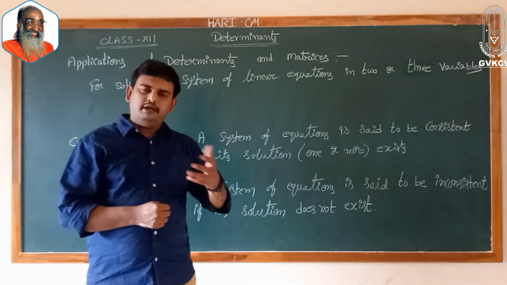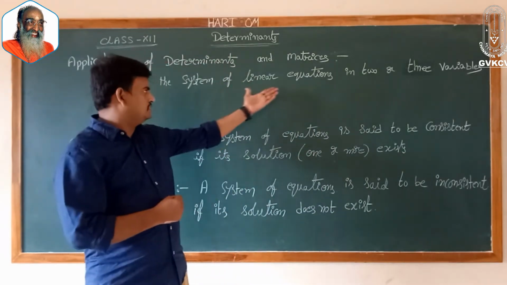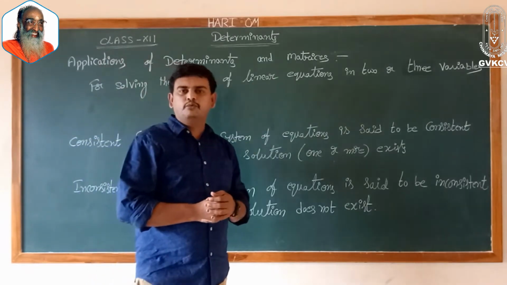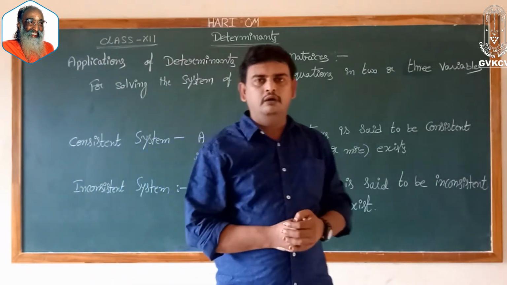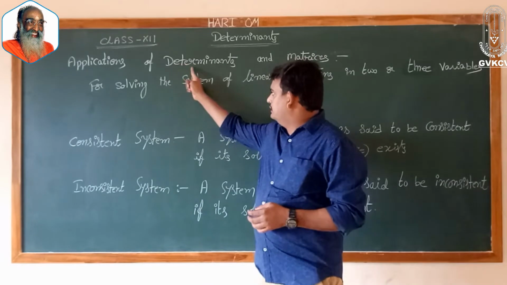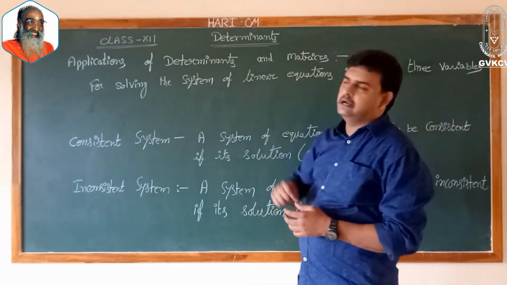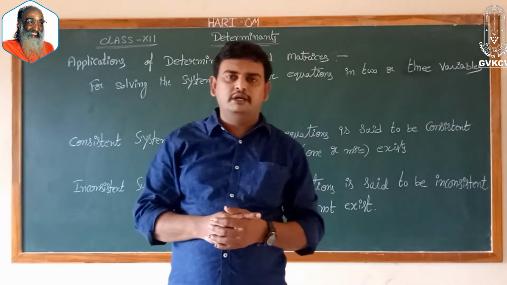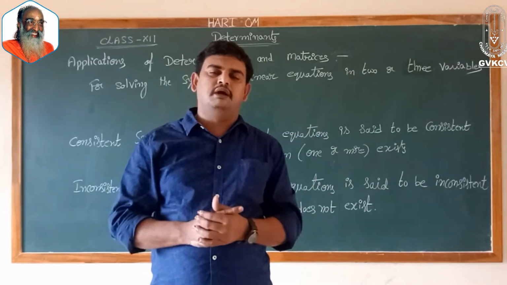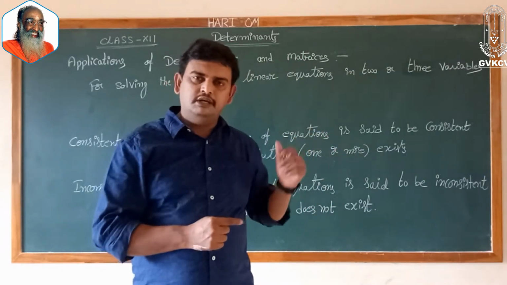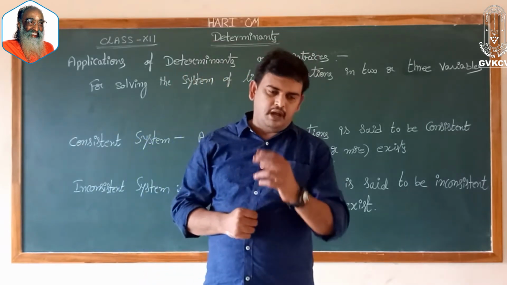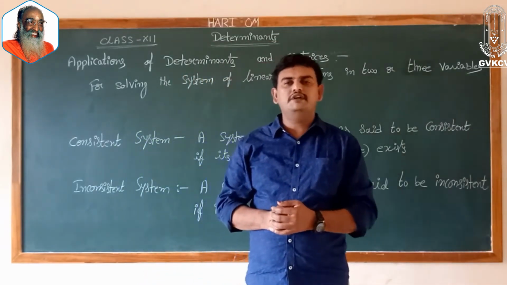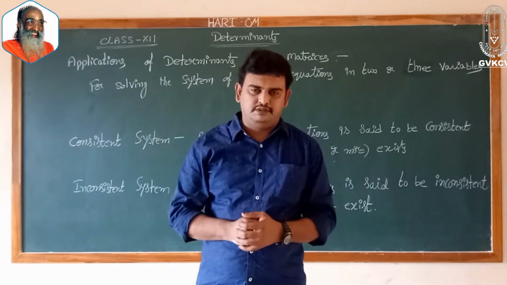Using these 3 methods, we know how to solve a pair of linear equations in 2 variables. Now, the same kind of linear equations we are able to solve by using determinants and matrices. How to solve by using determinants and matrices? System of linear equations. As we know, linear lines are of 3 types.